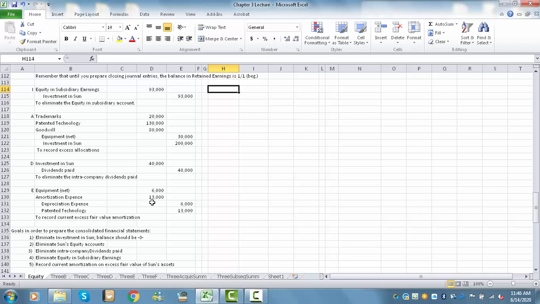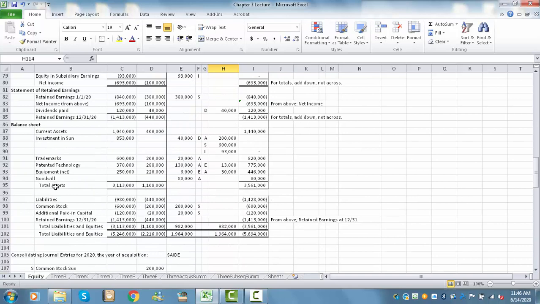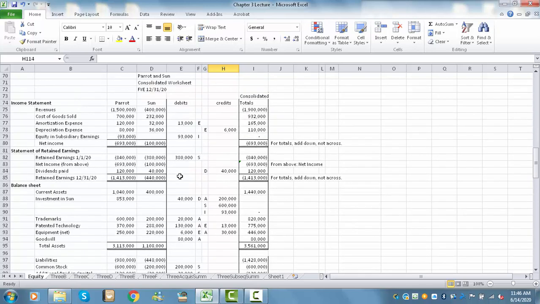So I want to go ahead and do both of these entries. So I wanted to do patented technology. I wanted to increase the depreciation, and with equipment I wanted to decrease the depreciation, and then I wanted to go back up here and increase amortization expense and decrease depreciation expense, which I did.